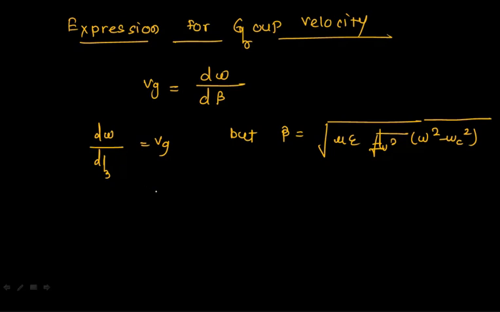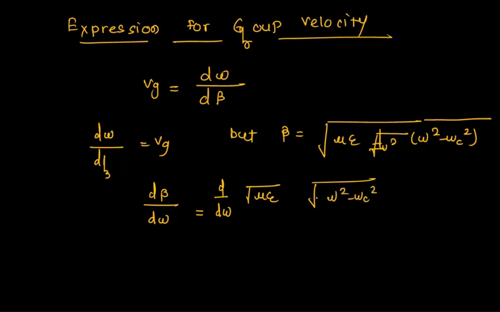So if I reverse this particular equation, I need d beta by d omega. I can write the square root of mu epsilon, and d by d omega of omega square minus omega c square.